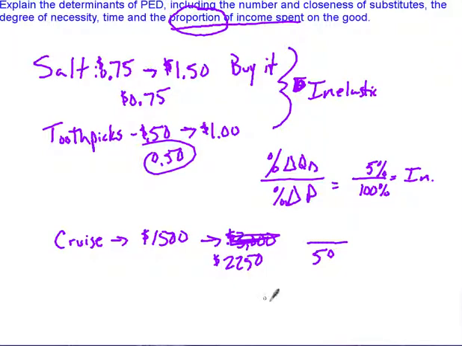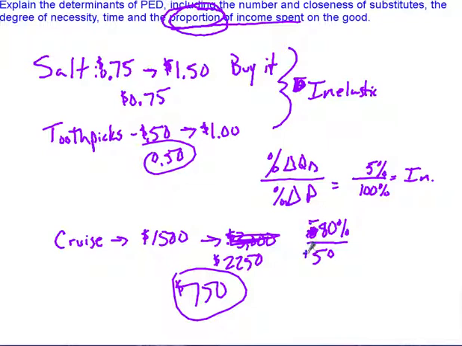So if the price goes from 1,500 to 2,250, now you're talking about $750 of your income, which does start to take up a proportion of your income. And so you might actually start to see people buy 80% fewer cruises. That'd be a negative. Whatever this fraction is, 1 point something. So as the proportion of your income goes up, a product becomes much more elastic.